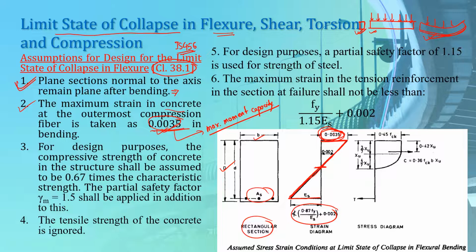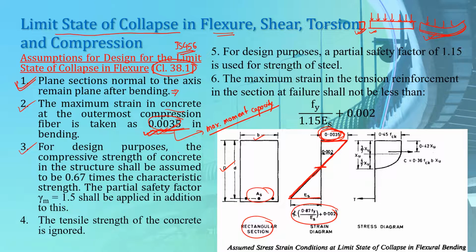Remember that this value of 0.0035 may be subjected to large variation because of different factors such as rate of deformation, loading time, grade of concrete, shape of cross section. But our code gives us this value of 0.0035 because in most cases, using this value gives very conservative results, and in case of pure bending, this value is also accepted.